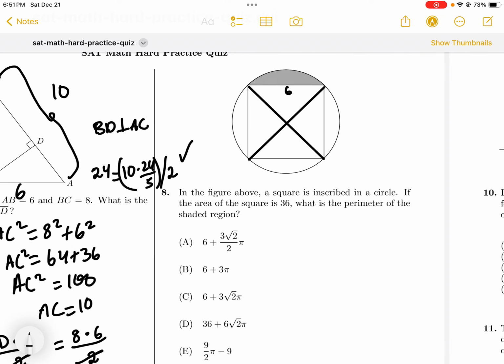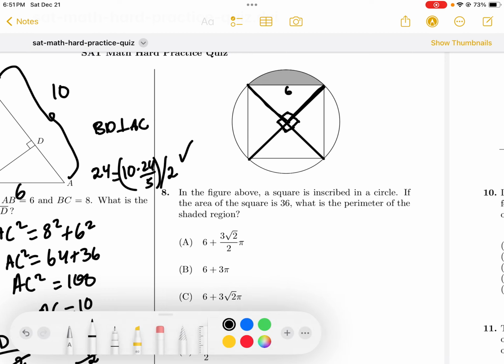Now, if you didn't know already, the diagonals of a square intersect at 90-degree angles, right? They all intersect at 90-degree angles. So then that means that this region over here, I should probably do this in a different color.